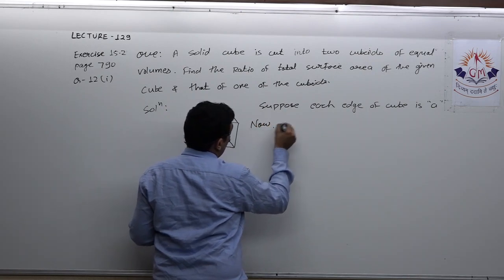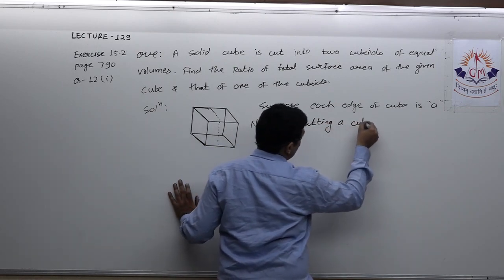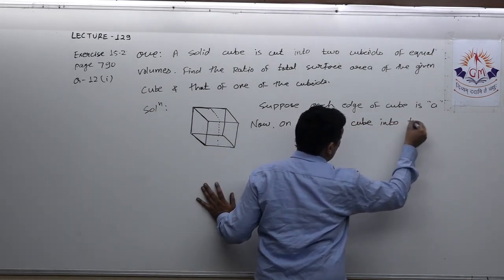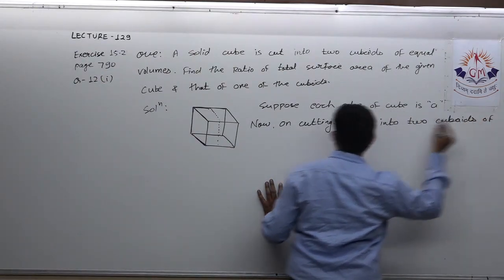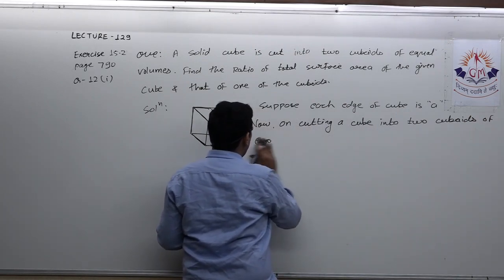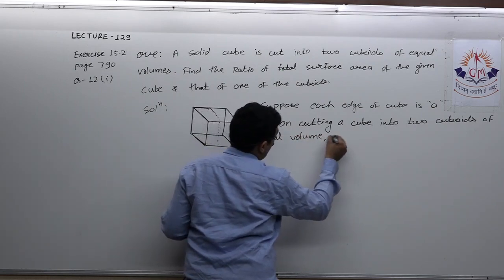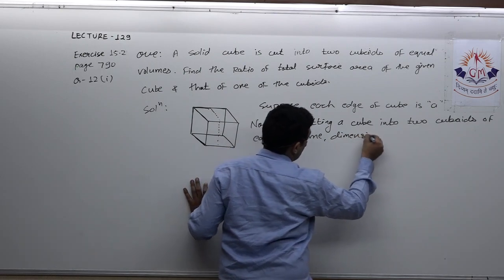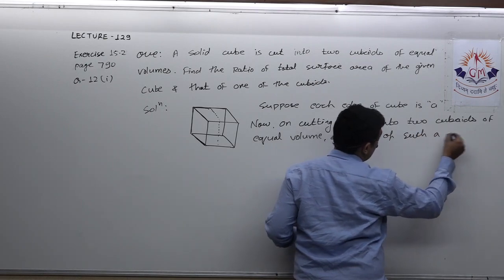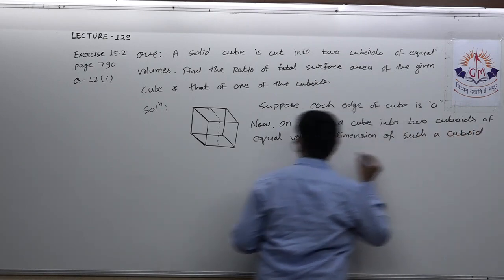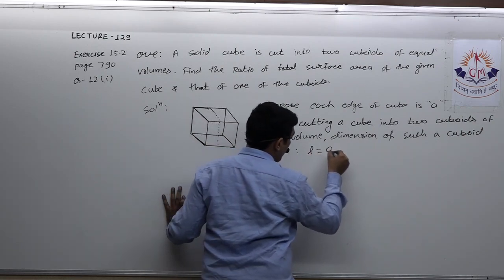Now, on cutting a cube into two cuboids of equal volume, the dimensions of such a cuboid will be L is equal to A by 2.